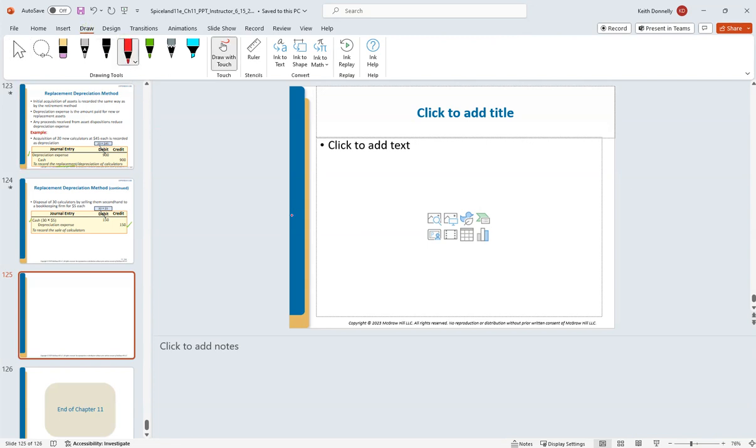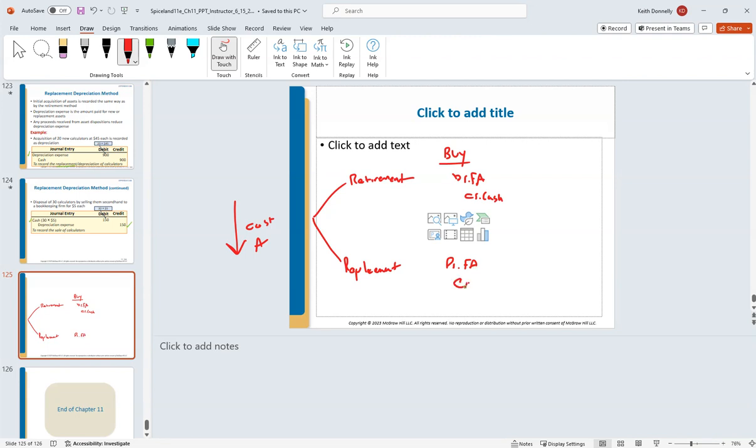So if we were to compare these guys, we have the retirement method and the replacement method. We're using these to help us calculate depreciation on relatively low cost assets. Whenever we buy it, it's going to be debit, whatever the fixed asset is, the calculator, credit cash. That's the same for them, the initial purchase.